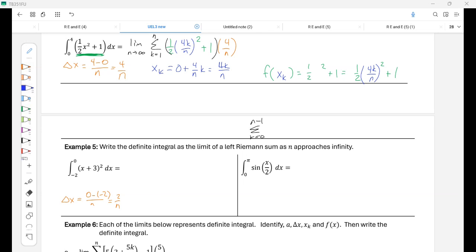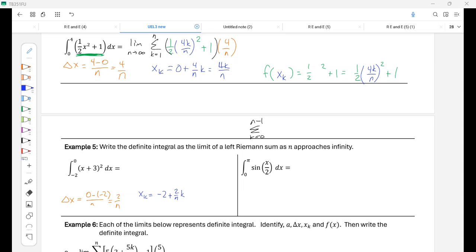Next, we need our x sub k, which is a plus delta x times k. What's our a value? -2. So that's going to be -2 plus delta x, which we already have. That's 2 over n times k.